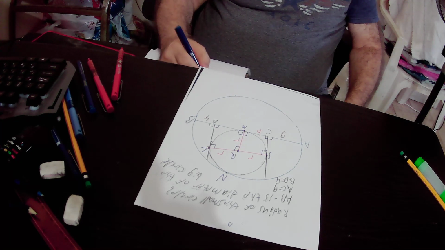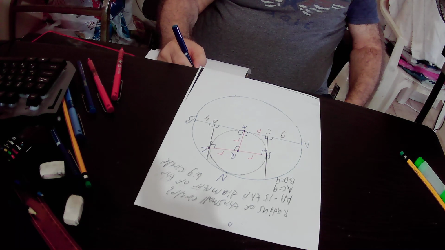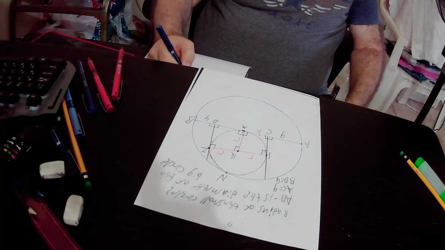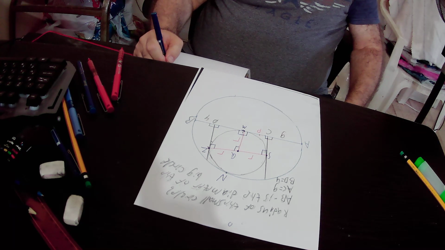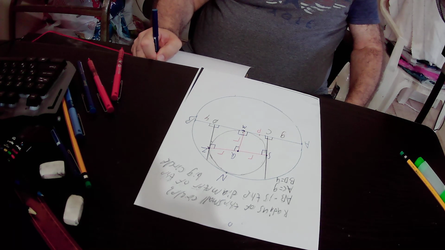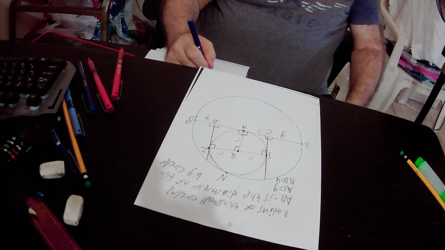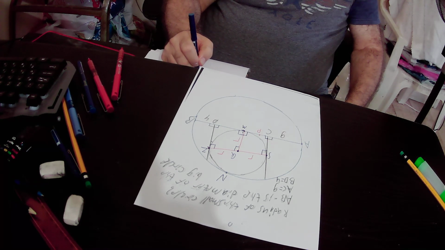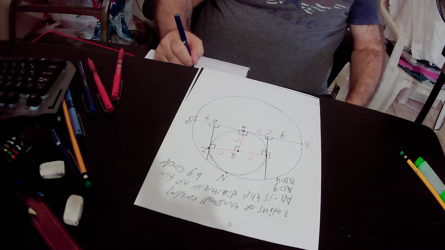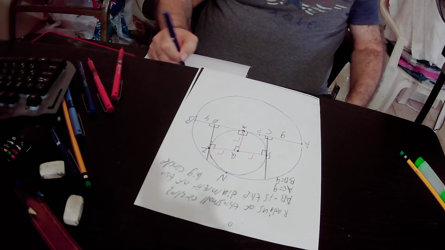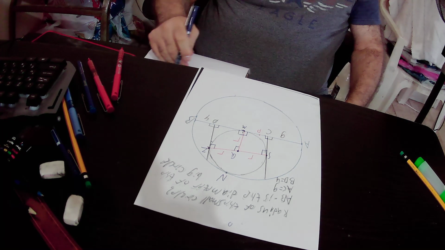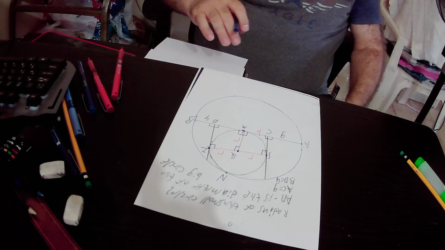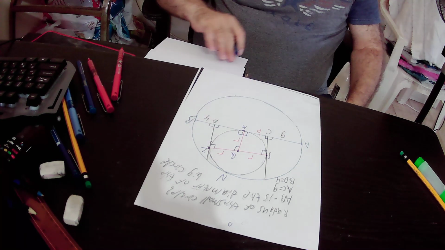Quadrilateral QZMD is a rectangle according to rule number 3, because of the fact that it has four right angles.